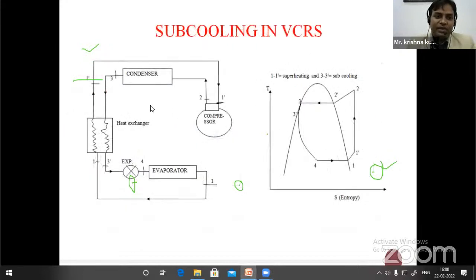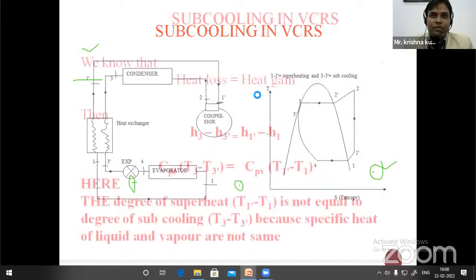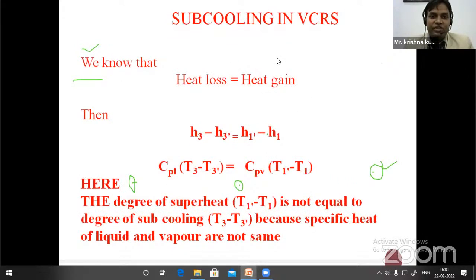Then subcooling takes place with the help of another heat exchanger. With the help of the heat exchanger, you can create subcooling. For subcooling, you need to decrease the temperature at the outlet of the condenser from T3 to T3 dash, and if we decrease that temperature, it adds that heat at the inlet of the compressor, increasing that temperature. So here the superheating is taking place, and there the subcooling is taking place. This is the basic equation for subcooling in VCRS.